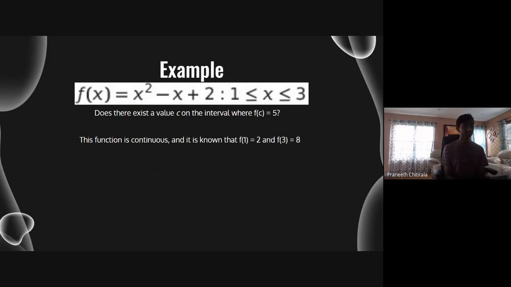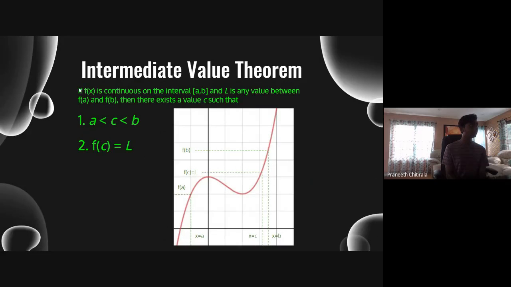And f of 3 is equal to 8. It must be known that f of x is continuous for this to work. It is absolutely important that f of x is continuous.